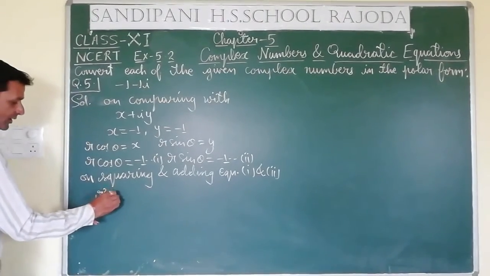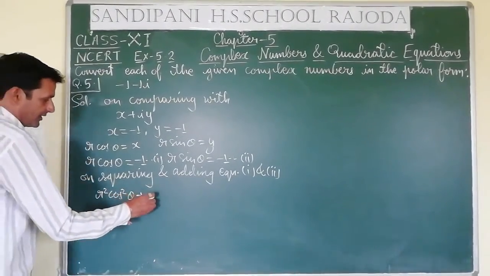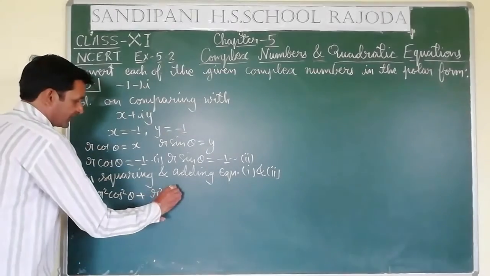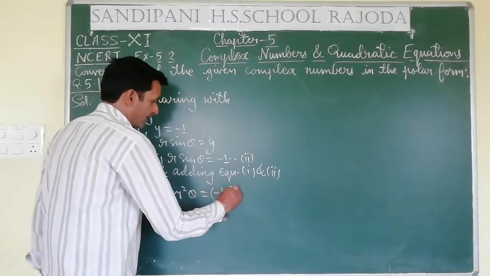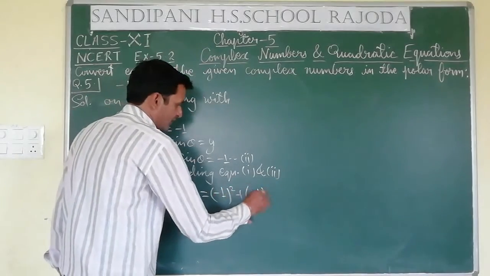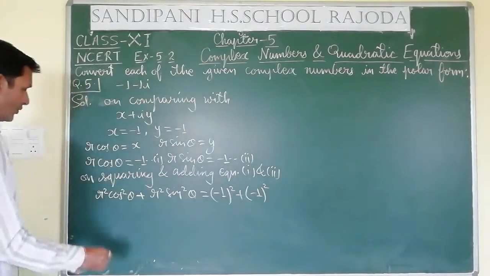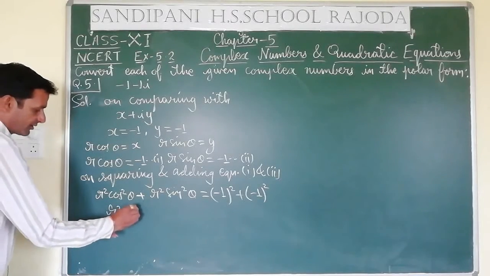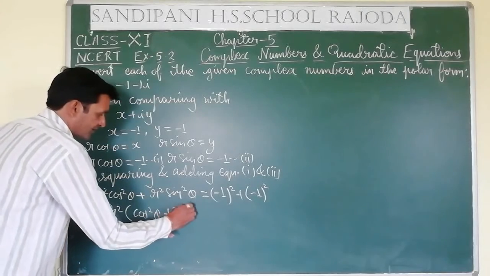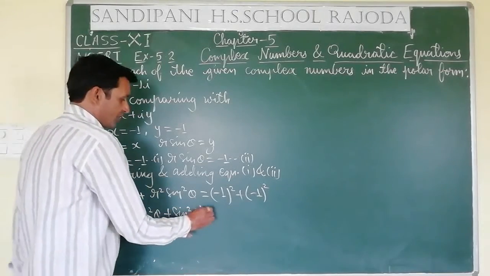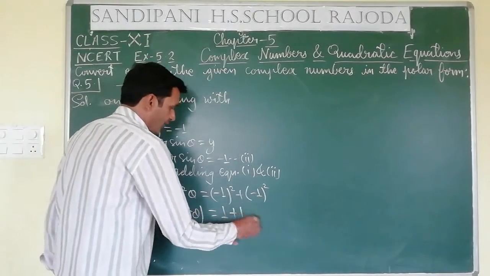r square cos square theta plus r square sin square theta is equal to -1 square plus -1 square. So we can take r square common from here, so it will be cos square theta plus sin square theta, bracket closed, is equal to 1 plus 1.